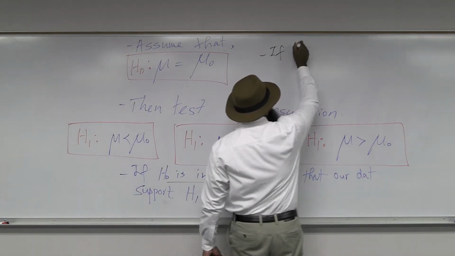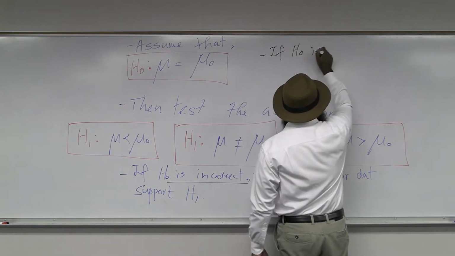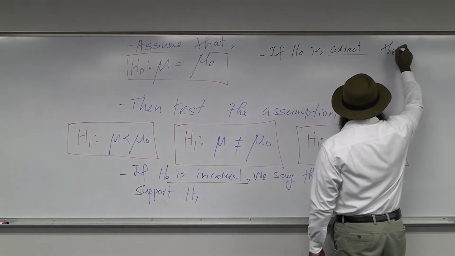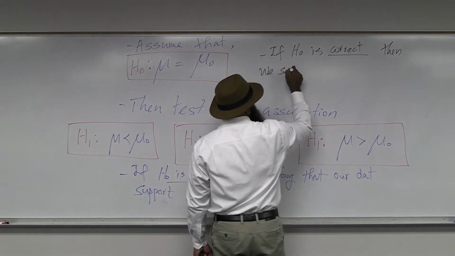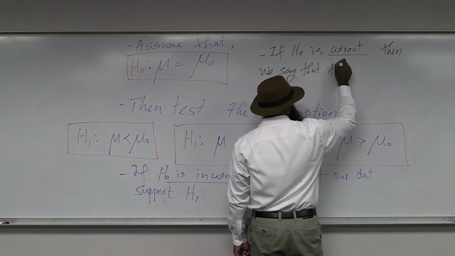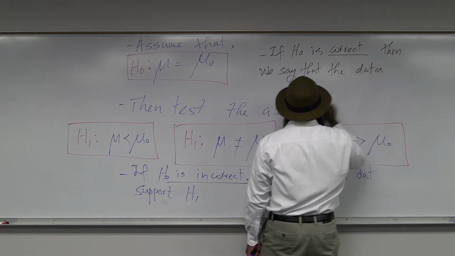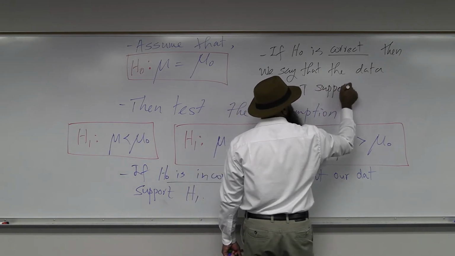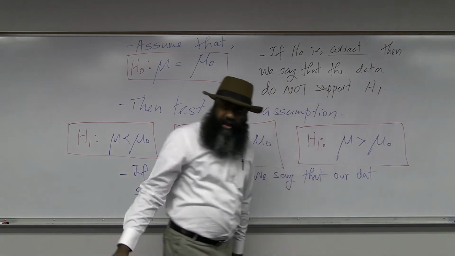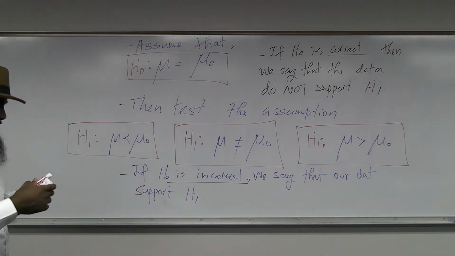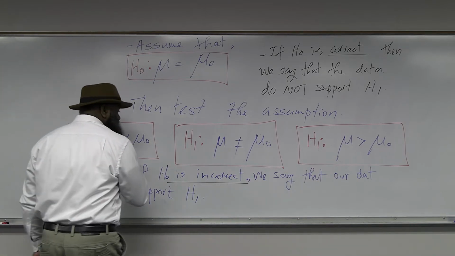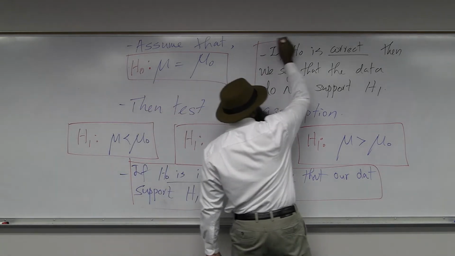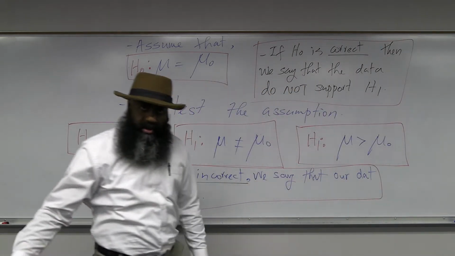If H0 is correct, then we say that the data do not support the alternative. This should make sense, right? Okay. Now these two statements should be written just like that when you interpret the test findings. They're going to be very important.